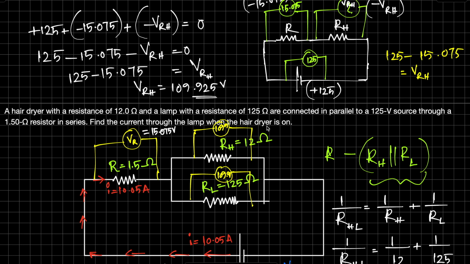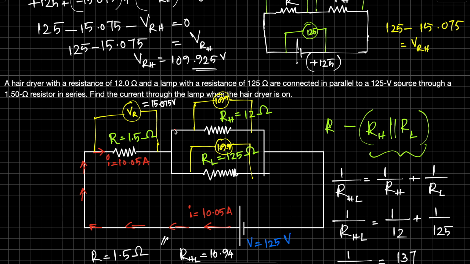Now, how do you find the current flowing through RH and RL? Let's say IH is the current flowing through RH and IL is the current flowing through RL. How do you find IH and IL? IH: I equals V by R, Ohm's law.